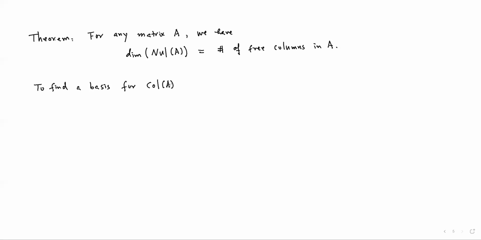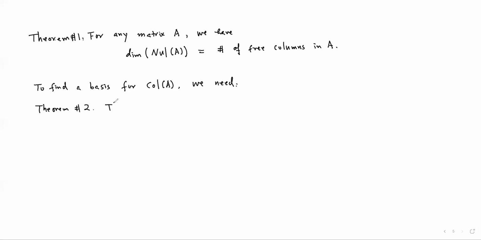Go back to the definition. Column space is the set spanned by the columns of the matrix A. To find a basis for column space, we need the following theorem. You can also find this theorem in the book. This is theorem number two.